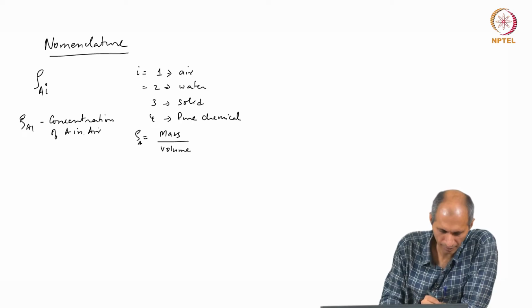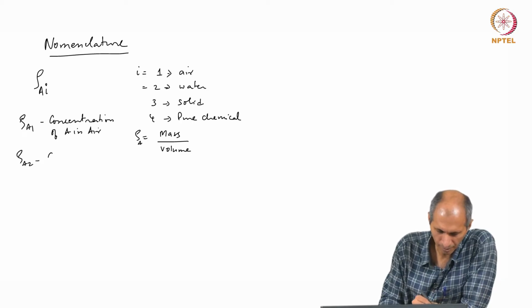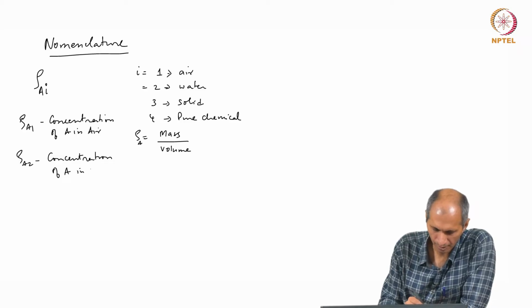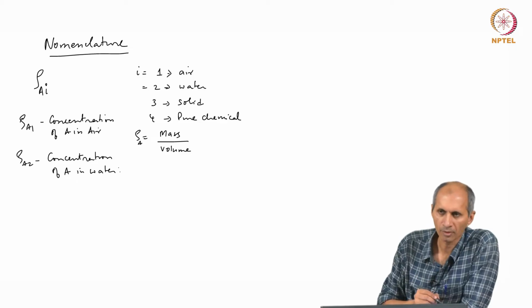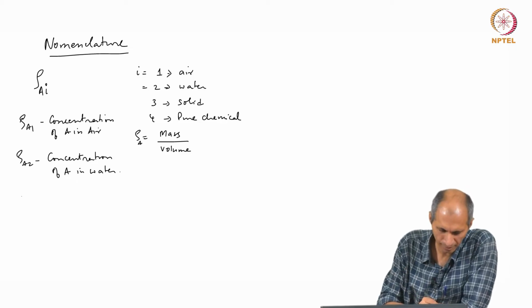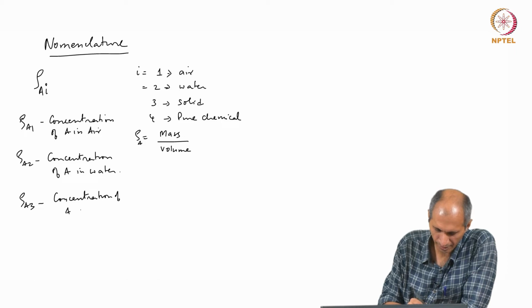When we say rho A2, it is concentration of A in water. So what about soil? In soil, you can also write rho A3, which is concentration of A on solid.